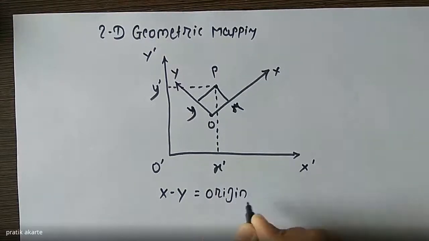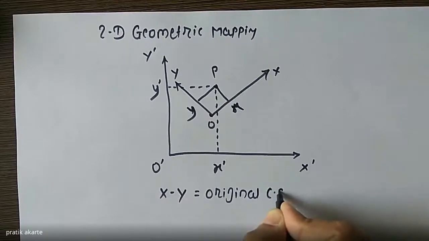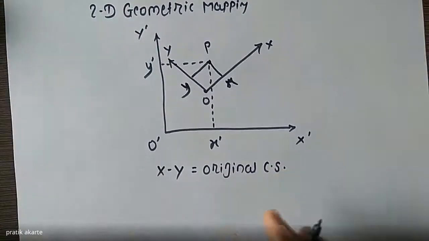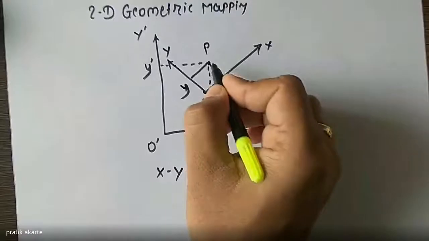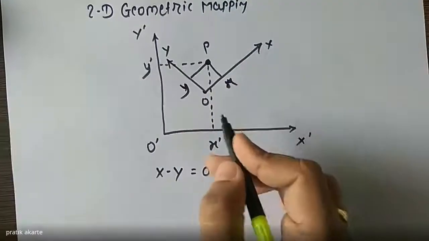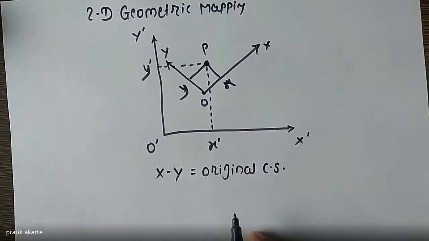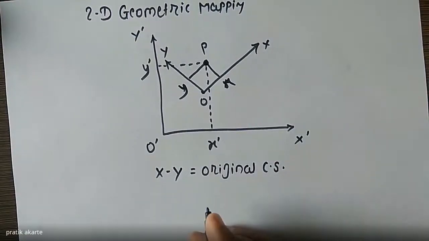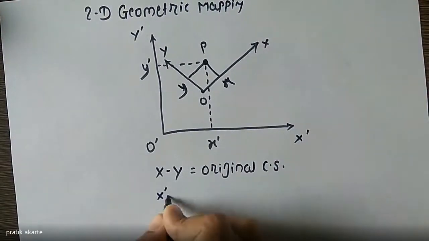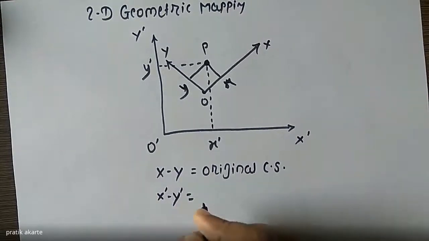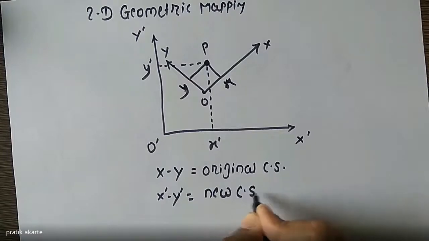Now, why am I calling it the original coordinate system? Because the user is inputting the data, the user is defining this point with respect to this coordinate system, which is shown with respect to x and y. And x dash and y dash is the new coordinate system. Now why is it the new coordinate system?